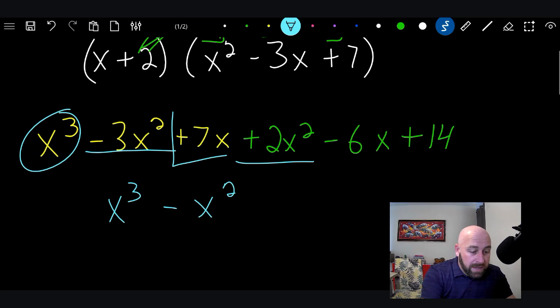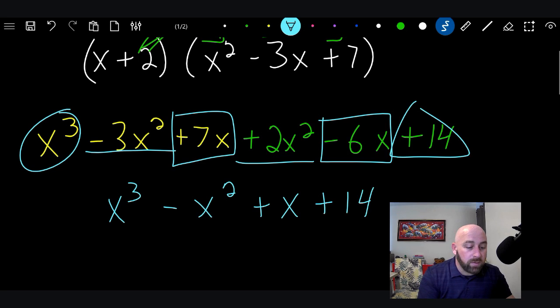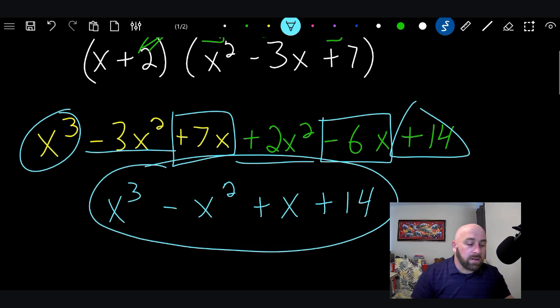And then we would have, here's an x term, and here's an x term, 7 minus 6, and that gives us 1x, or positive x. And then the only one that we have left here is that 14, and there's nothing to combine it with. So that would be our answer right there. X cubed minus x squared plus x plus 14.